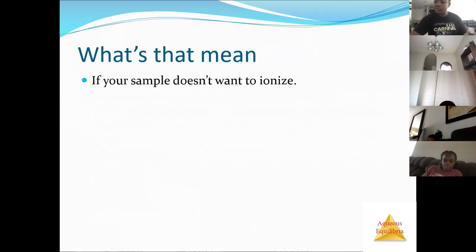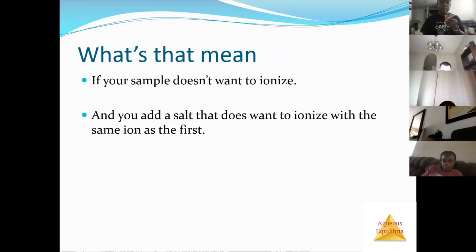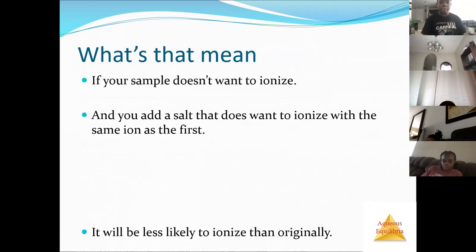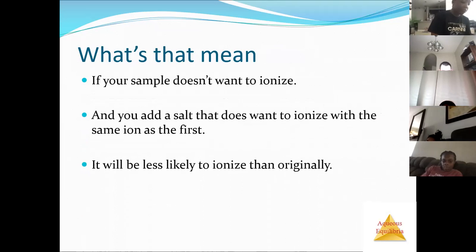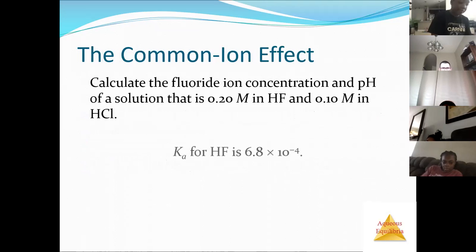Basically, if my sample doesn't want to ionize and I add a salt that does want to, with the same ion as the first sample, it means the sample is going to be less likely to ionize than it originally was. Let's prove that numerically.